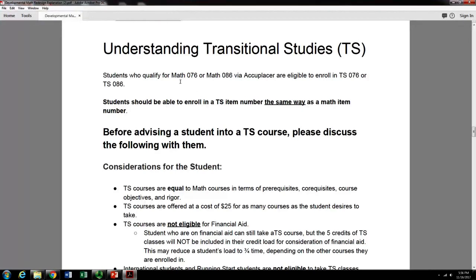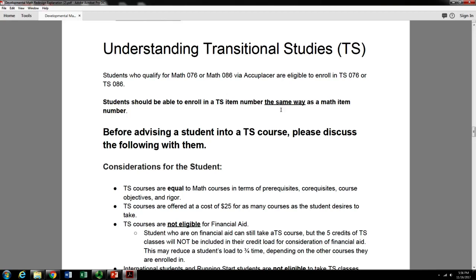Well, a Math 76 or 86, as we all know, is a tuition-bearing class running over $500 per class, versus our TS classes are only $25, and that's a $25 fee. It's not a tuition, it's a fee that's collected.